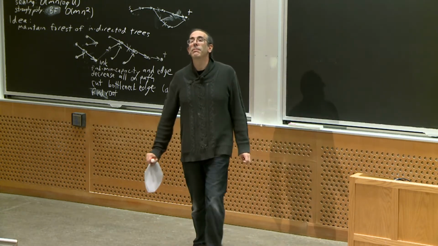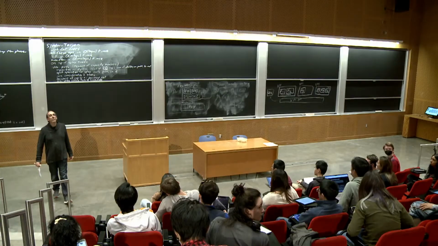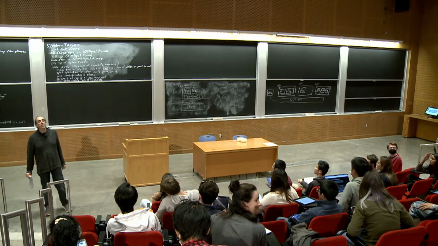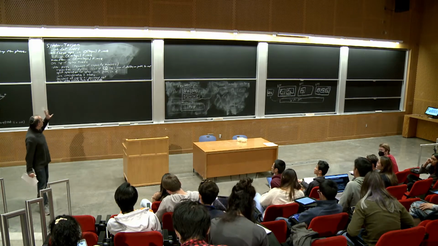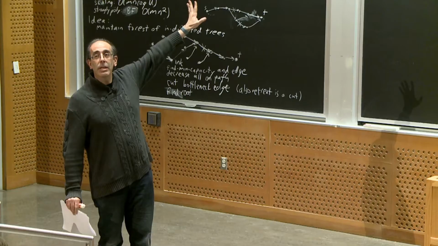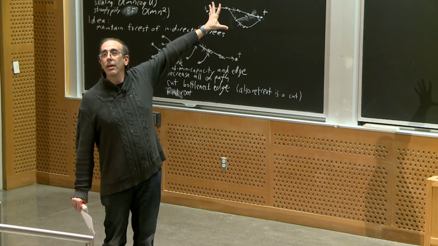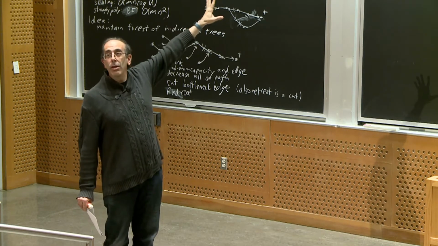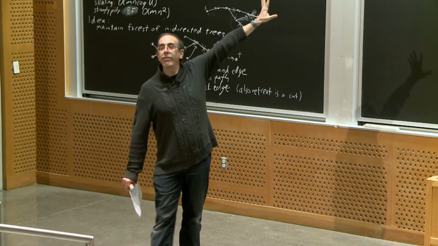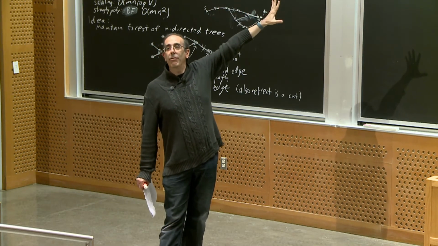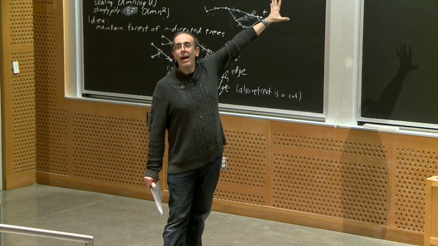Yes? If we update the root value, doesn't that update all the values of the tree instead of the path of the tree? Well, remember, there's a tree here, but this tree is being used to represent a path. And in fact, what I've told you is how to do a restricted version of link cut trees, which only works for paths. So what I've given you is a link cut path data structure.